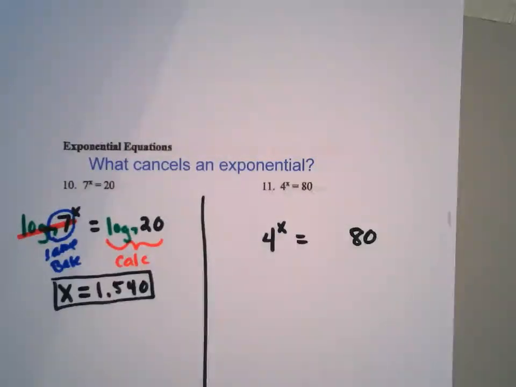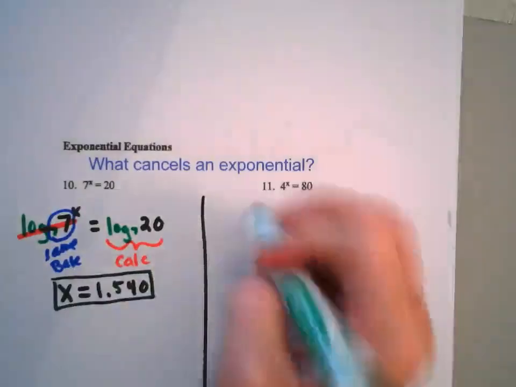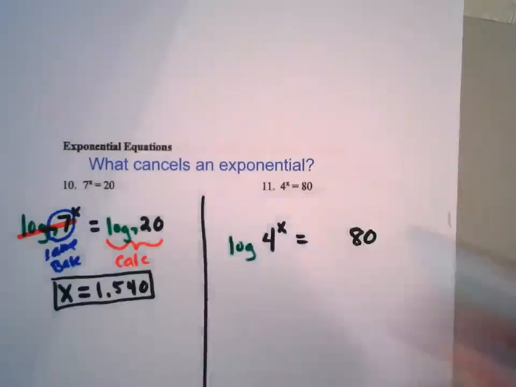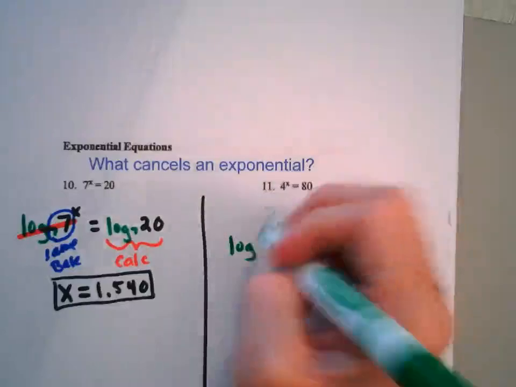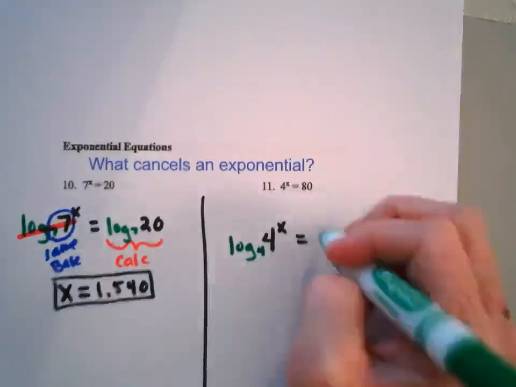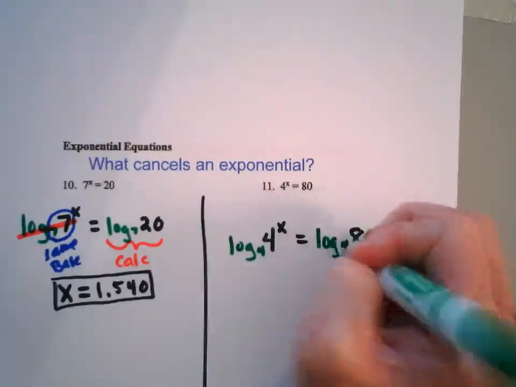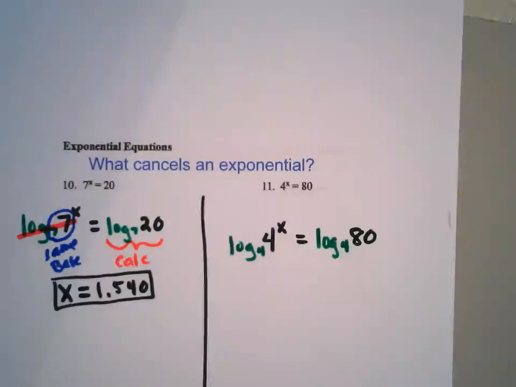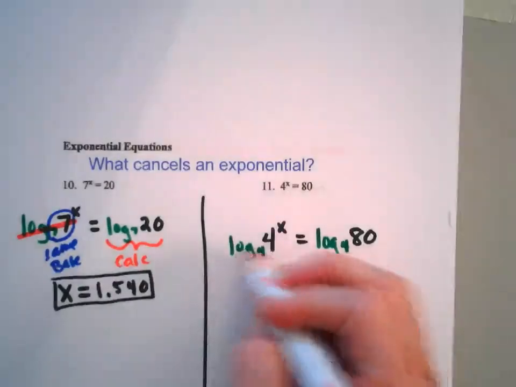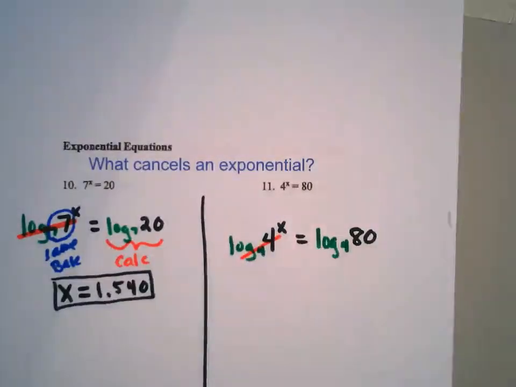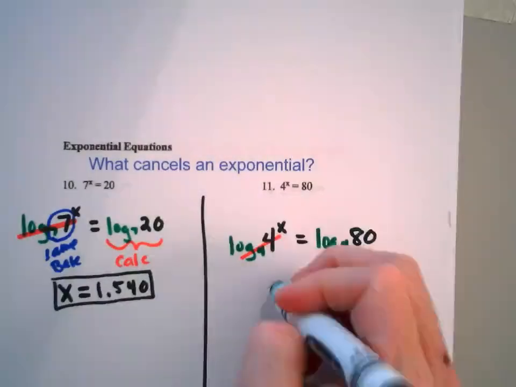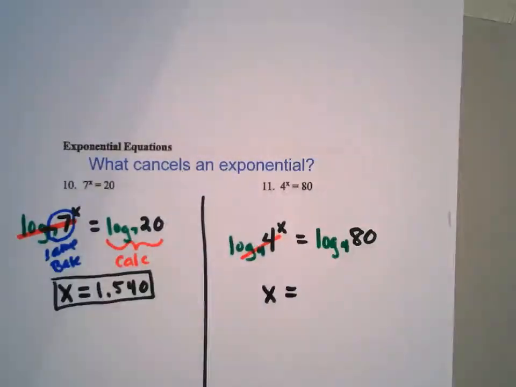What cancels an exponential? A logarithm cancels an exponential. We can use any logarithm that we want, but the one that cancels it is the one with the same base. So once we get this log base 4 and 4 together, they cancel each other out. X drops down.